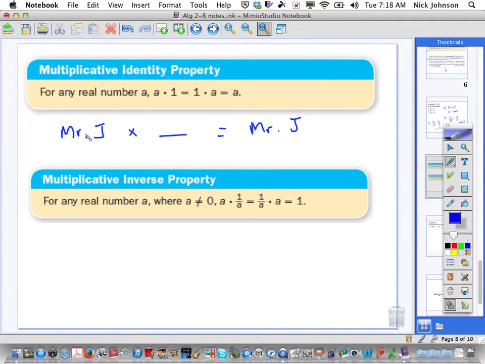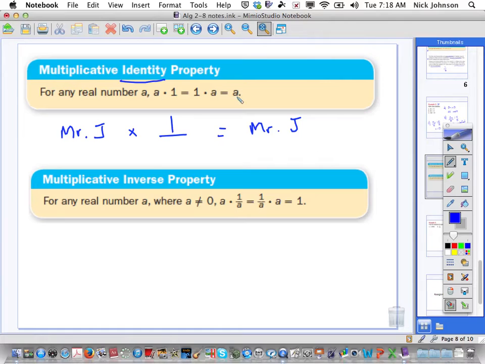Well, if you multiply Mr. Johnson by 0, Mr. Johnson times 0 is 0. That's not what I want. I want Mr. Johnson. I want the identity. Okay, I want out the same thing. Well, Mr. Johnson times 1 gives me Mr. Johnson. Okay, so what this says is a times 1 equals 1 times a, which equals a.